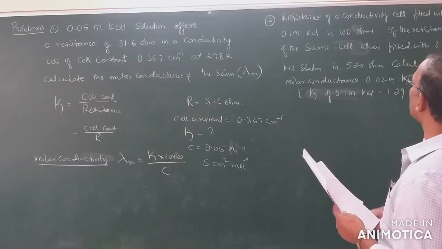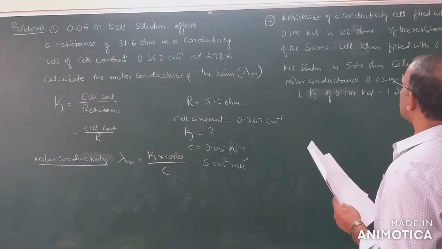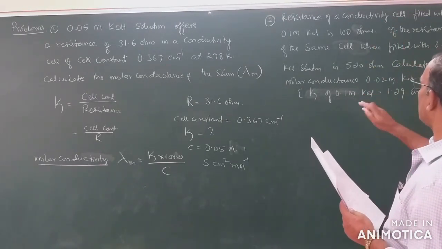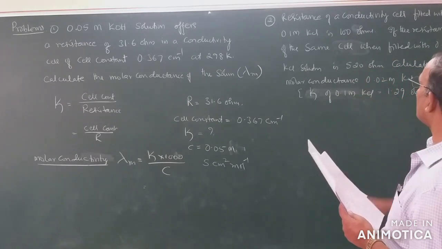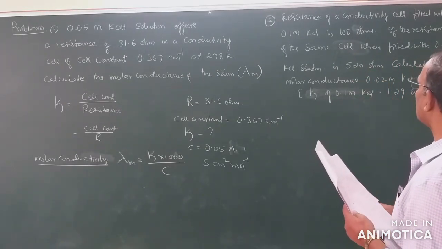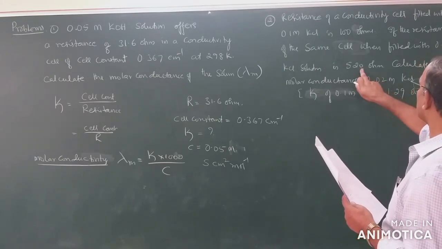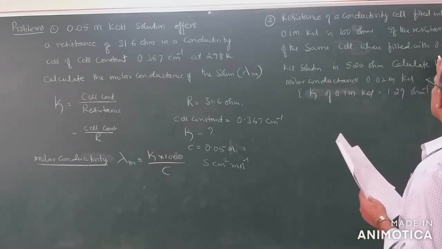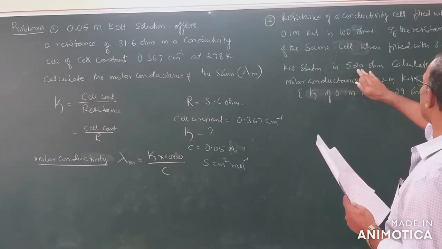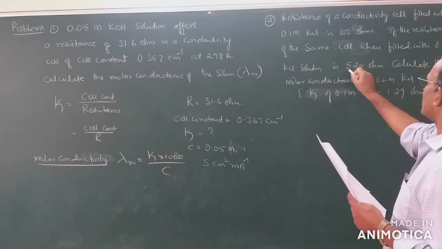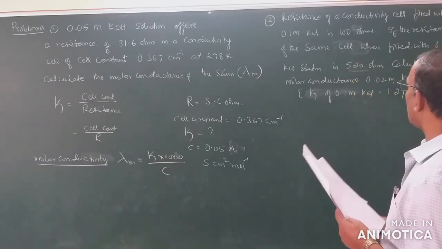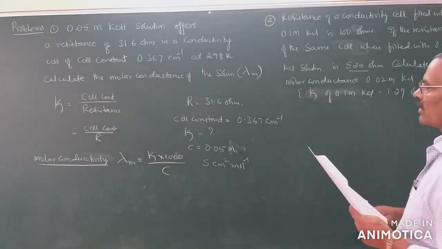In this problem, resistance is given, specific conductance is given. First you determine the cell constant and then determine kappa for the solution, this KCl solution, and resistance is given. Then calculate molar conductance using the formula.